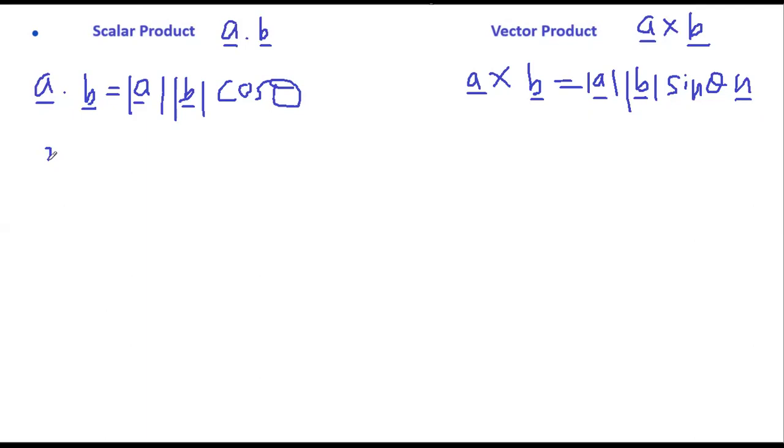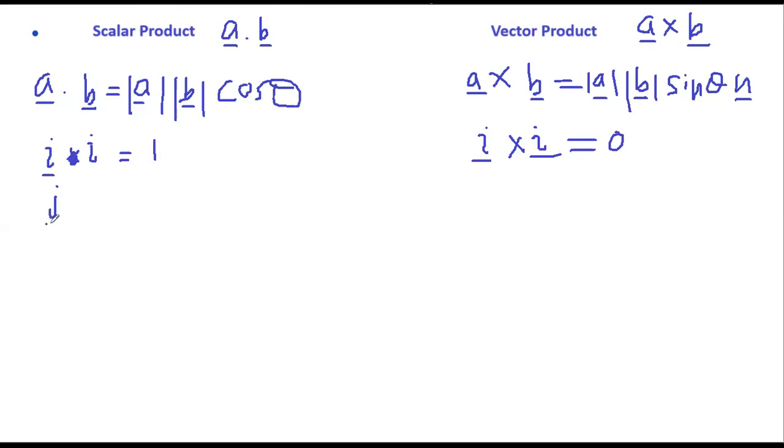Also, in scalar product, I dot I equals 1. But in vector product, I cross I equals 0.